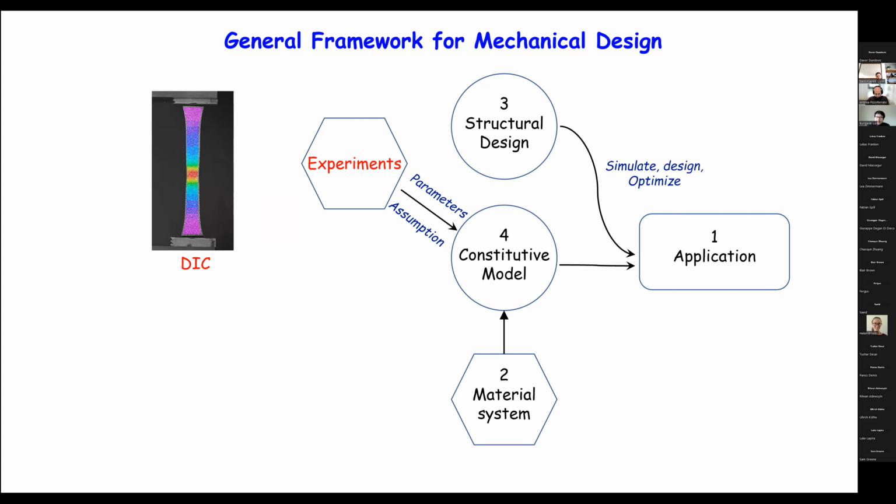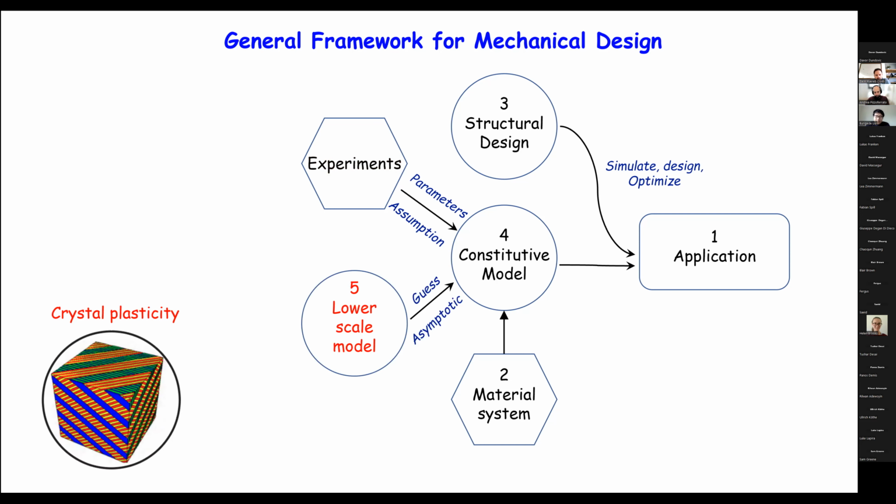And now, of course, if you say that I don't want to do experiments, I want to know whether there are any alternative ways to come up with a constitutive model. Yes. So we can look at lower scale modeling. So for example, we can go one scale down.